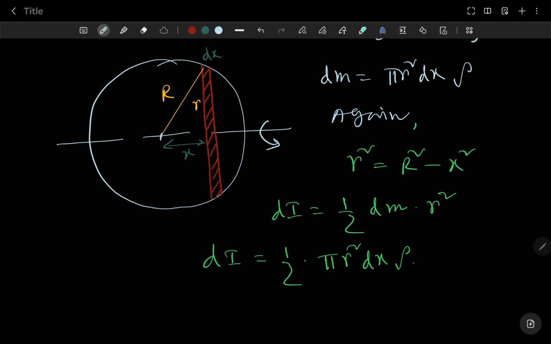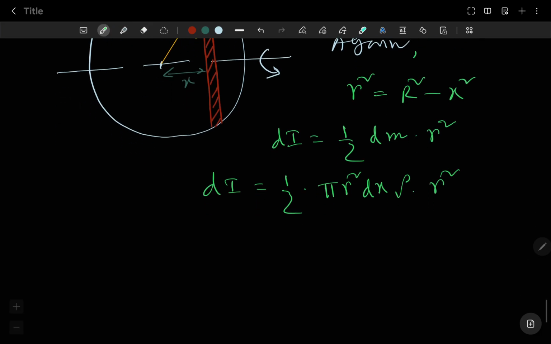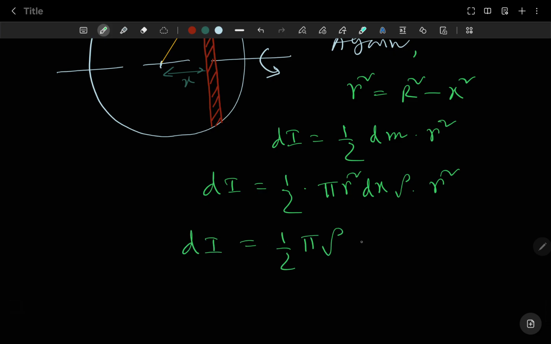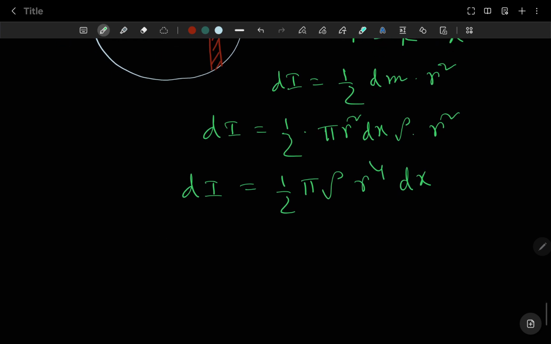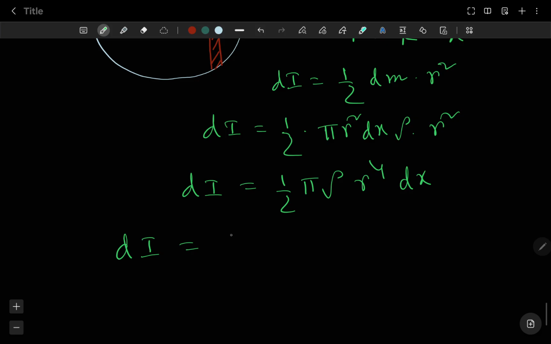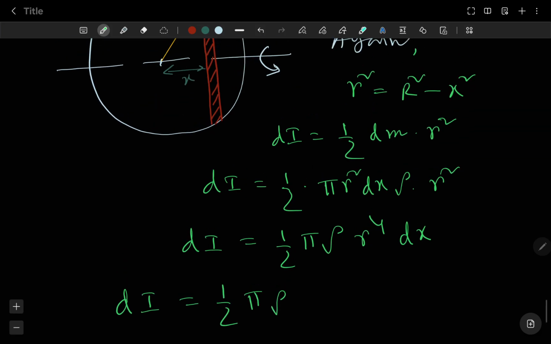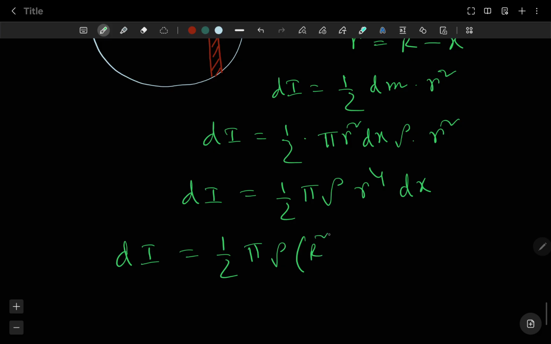Let it write r square, so it will be dI equals half pi rho (R square minus x square) whole square dx.